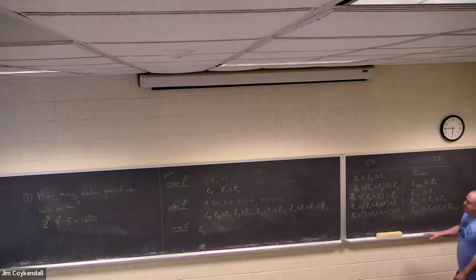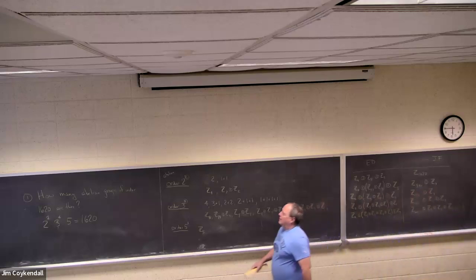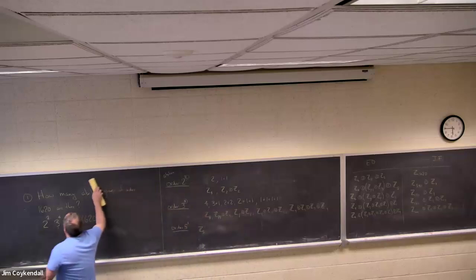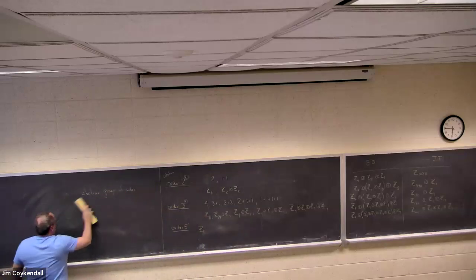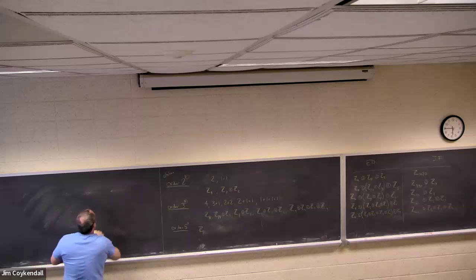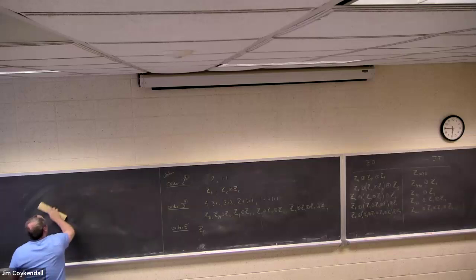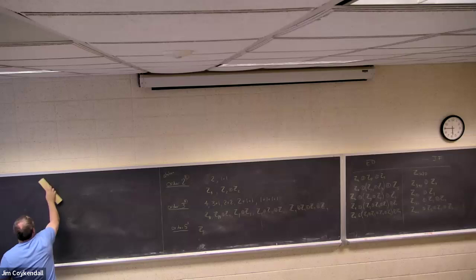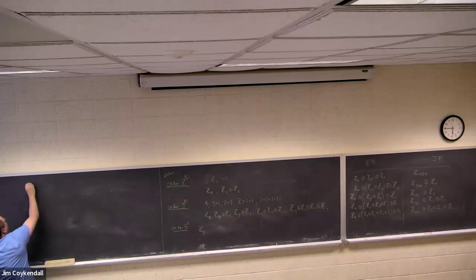There's half of it. Now I've exhausted all the possibilities for what can happen with the Sylow 2 group being Z4.